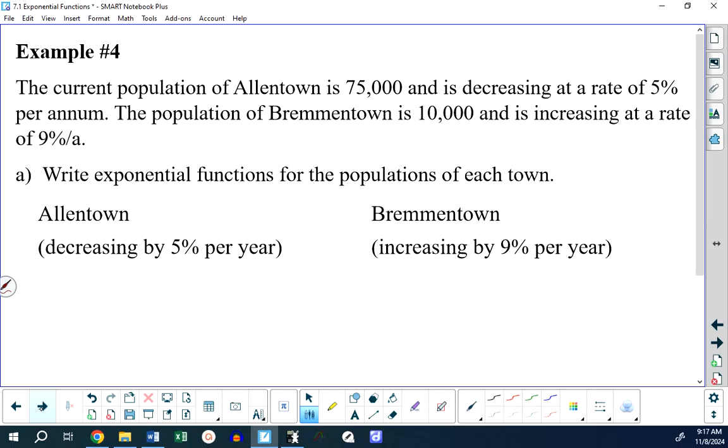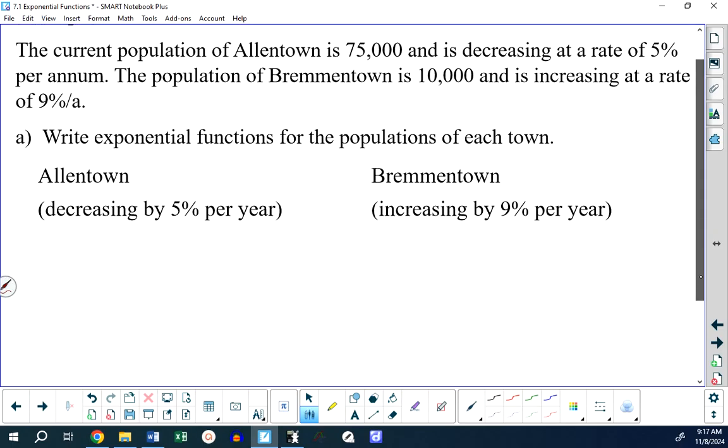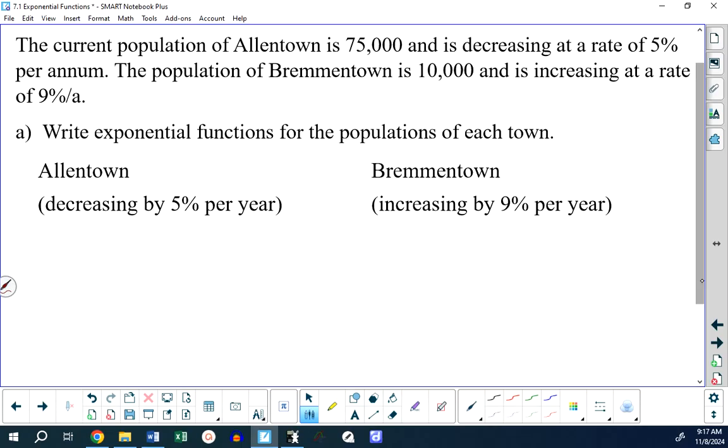So I'm going to go out on a limb here and hope that you remember this from Math 20-1. If the population, we'll go with Brementown, is increasing by 9% every year, what do you do to the population in 1 year to get the population in the next year? Let's just do a quick exercise on our calculator.